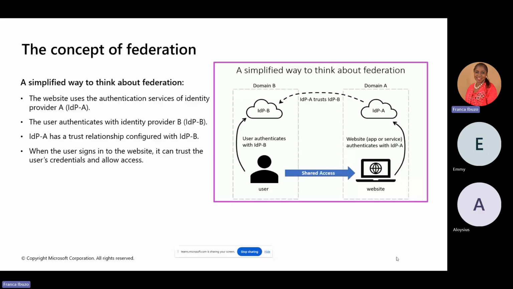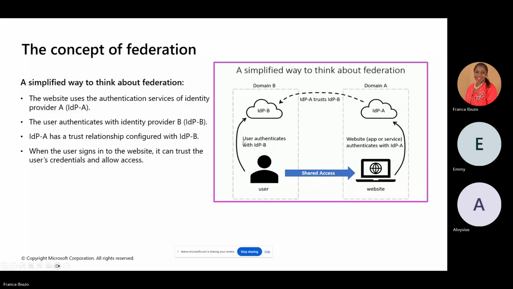Okay, we looked at the concept of federation, a simplified way to think about federation. The website uses the authentication services of identity provider A, IDP A. Then the user authenticates with identity provider B. Here you have shared access between the user and the website.